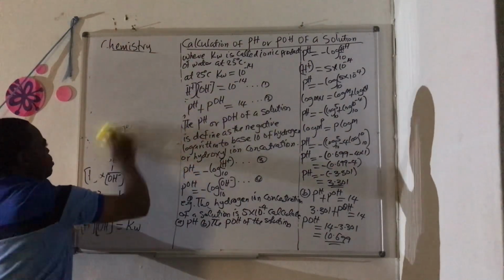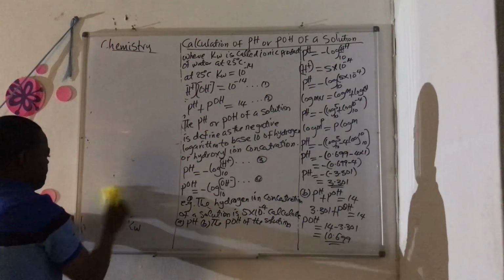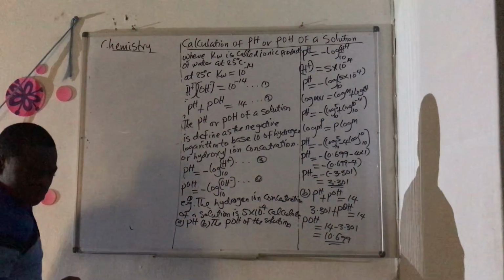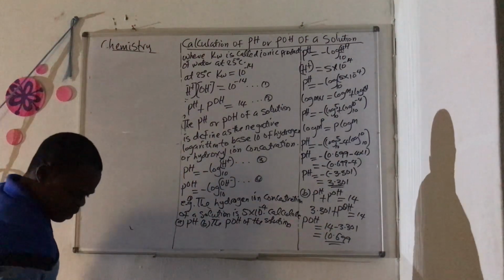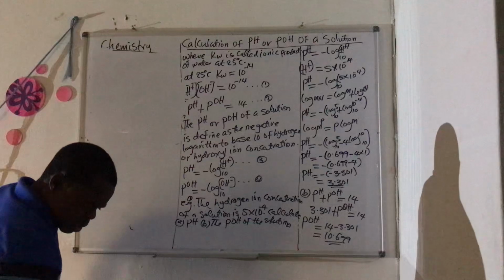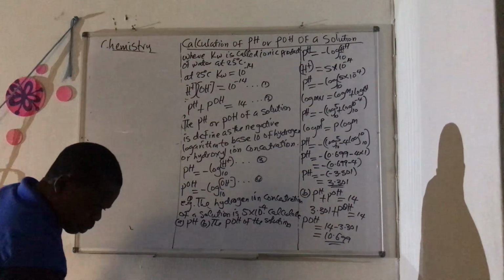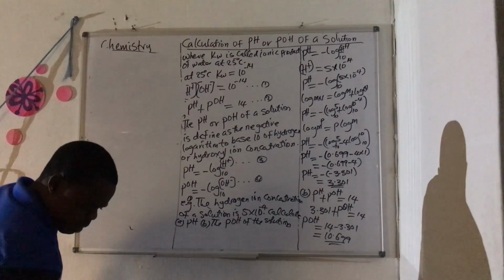Let's solve another example. Another example I have here says a solution has a pH of 4.5.